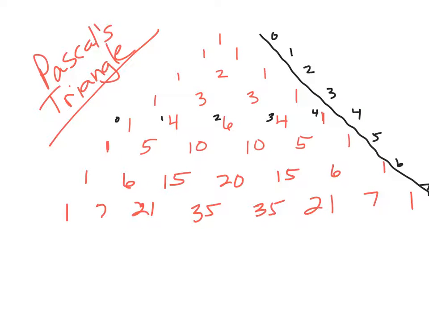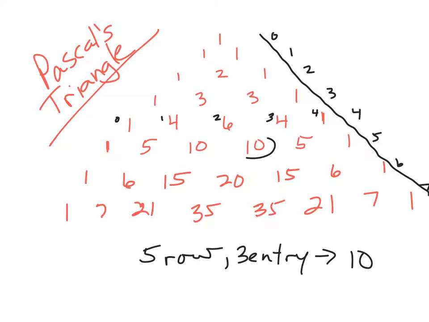So if I told you to go to the 5th row, the 3rd entry, what number are you looking at? I'm looking at a 10. That's right. I'm looking at this 10 right here. Entry 0, entry 1, 2, 3.